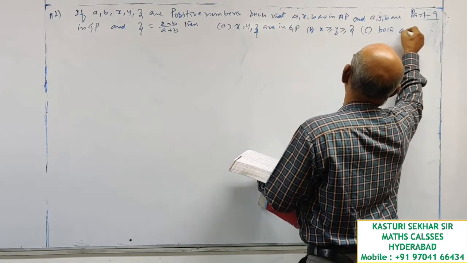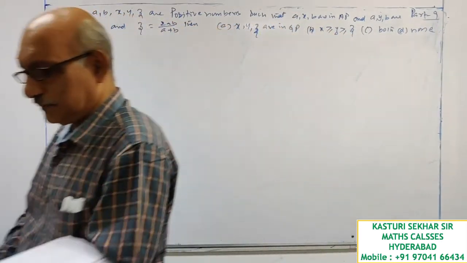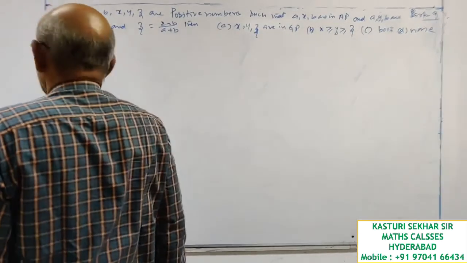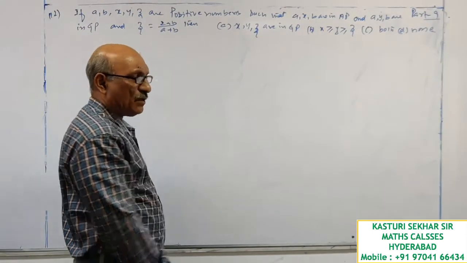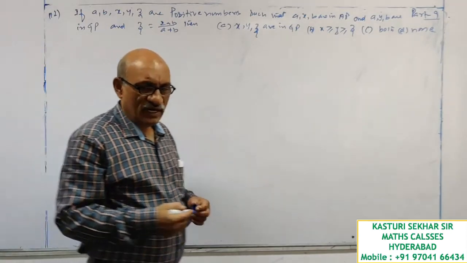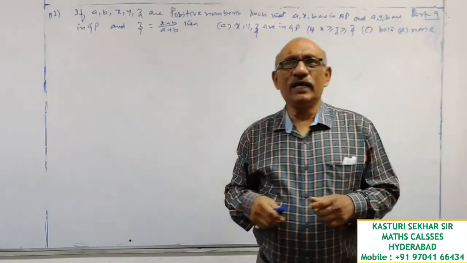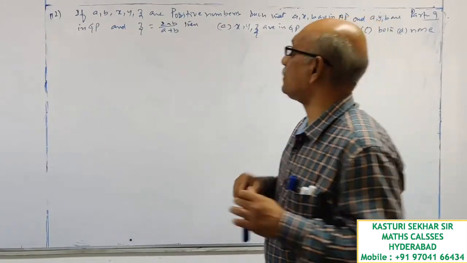Option C: both. Option D: none. Now, you have to verify how many of the conditions given in the question the problem will satisfy.